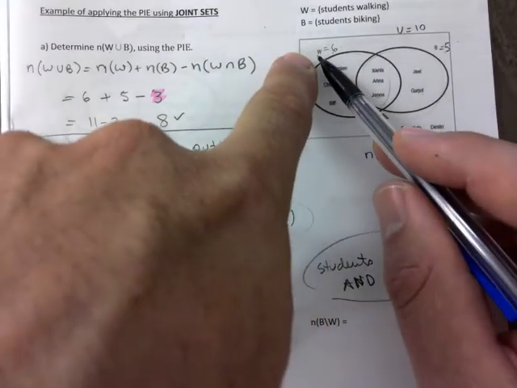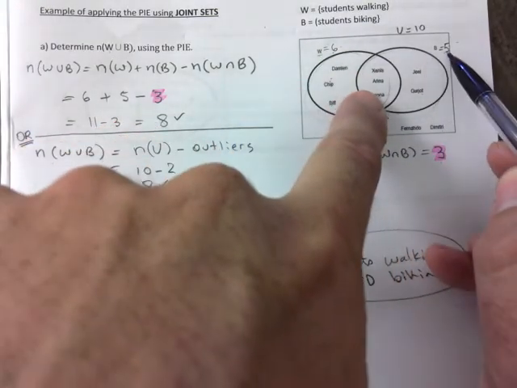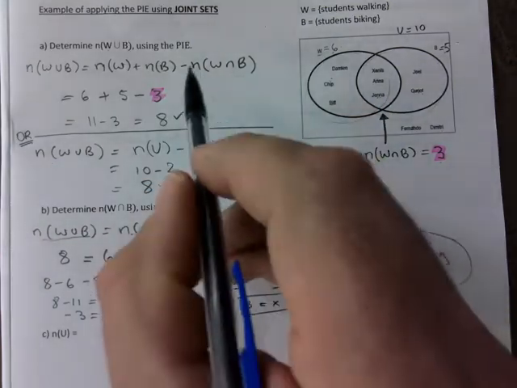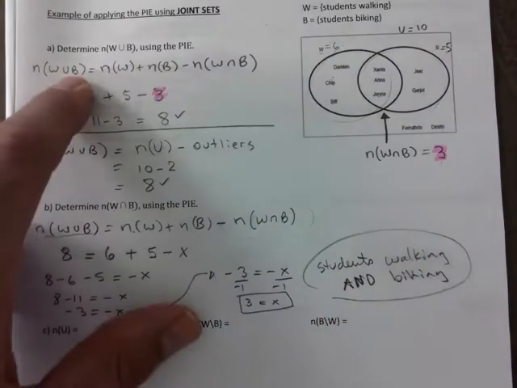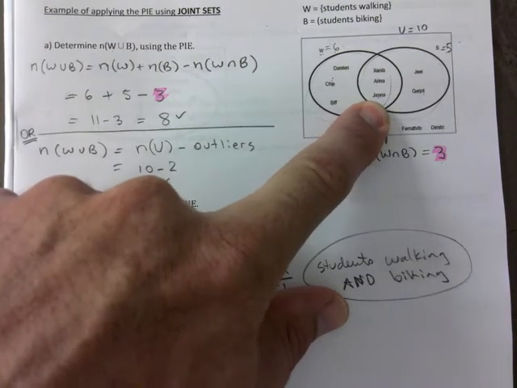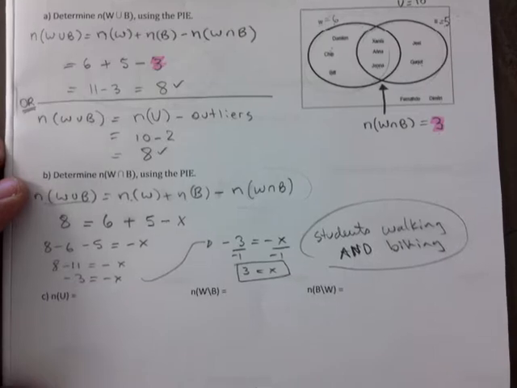And that's not right because you're double counting. Like for set W, you're counting these three already. And then if you just add the 5, you would be double counting, right? So that's why we need to subtract the overlap when we're using the formula, especially if it's a joint set, like this is a joint set, right? So here we go.